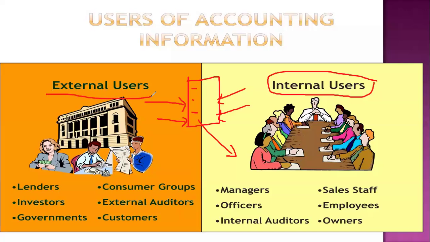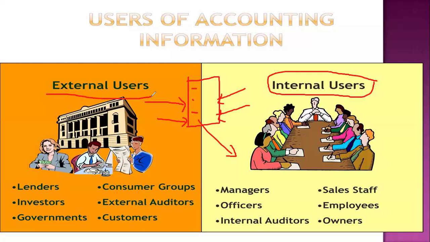The first and foremost users are managers for decision making, officers for controlling and implementation of plans, and sales staff for target making and using tools to enhance and motivate team players for maximization of sales. Employees use the accounting information for their salary negotiations and so on.